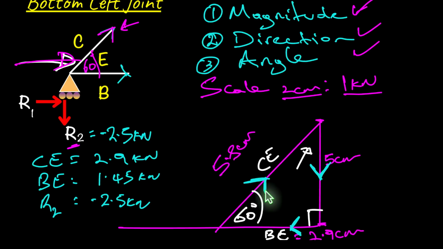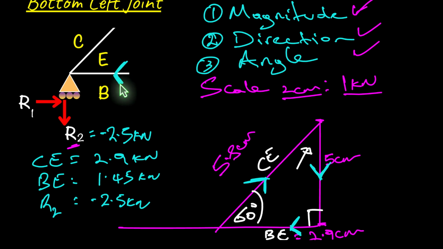Now, you remember earlier when I said to you that the direction of the arrow will determine whether or not we are compressive or tensile. So what we do now, you will notice that the BE arrow on my scale diagram is going to the left. So up here, I'm going to insert that to the left as well.